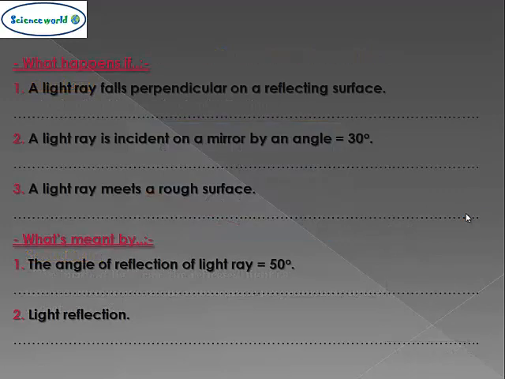Okay, let's solve some questions. What happens if, number 1, a light ray falls perpendicular on a reflecting surface? Let's imagine it. This is the reflecting surface, and the light ray falls perpendicular, and we also have the normal line.